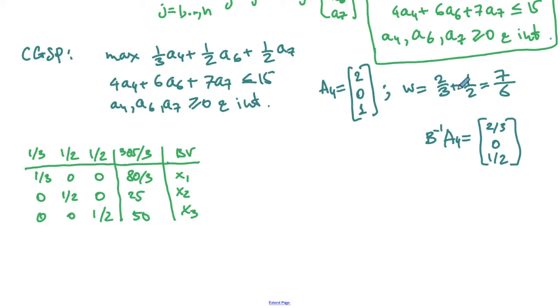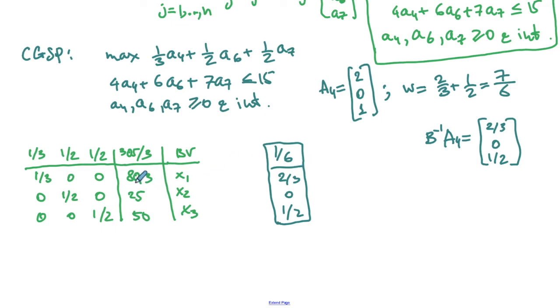And also our objective value for the column generating subproblem was 7/6, and our reduced cost was -1/6, right? So the entering column will look like this. So we have 1/6 in row 0, and then we have 2/3, 0, 1/2. So this is our entering column.